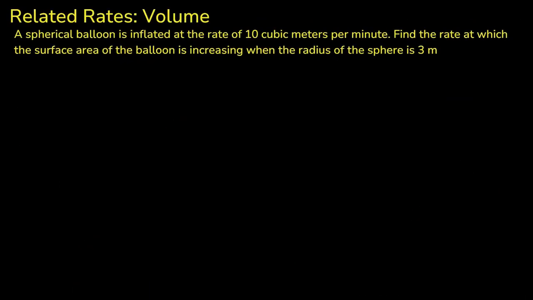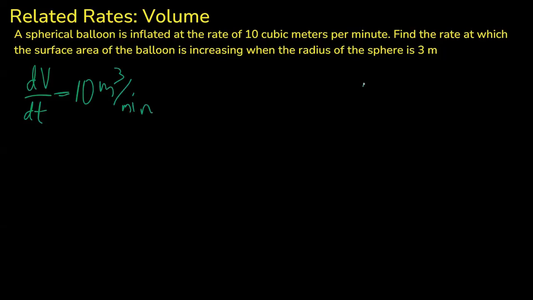Another type of related rate problem that comes up often is ones dealing with volume. A spherical balloon is inflated at a rate of 10 cubic meters per minute. So that's telling us the rate of change of the volume. We'll write that down, dV/dt equals 10 meters cubed per minute.